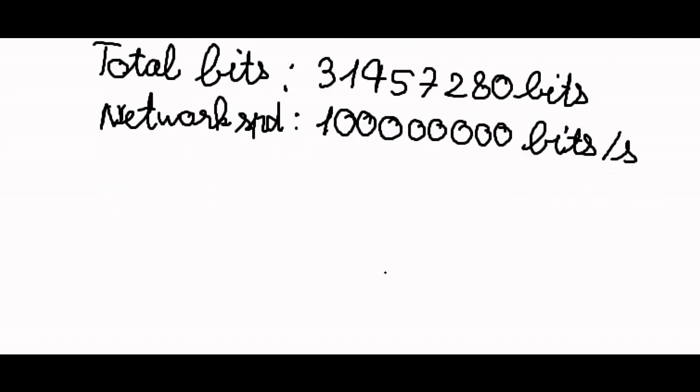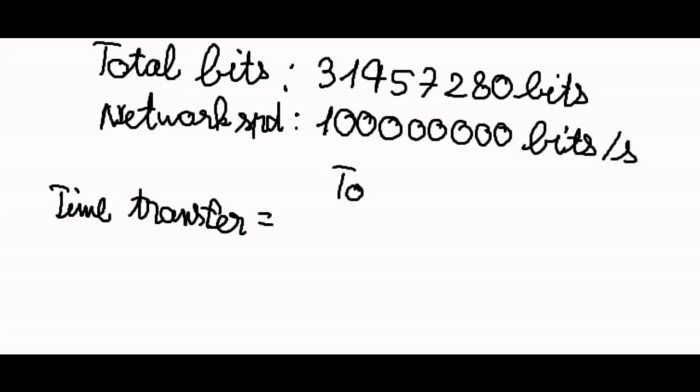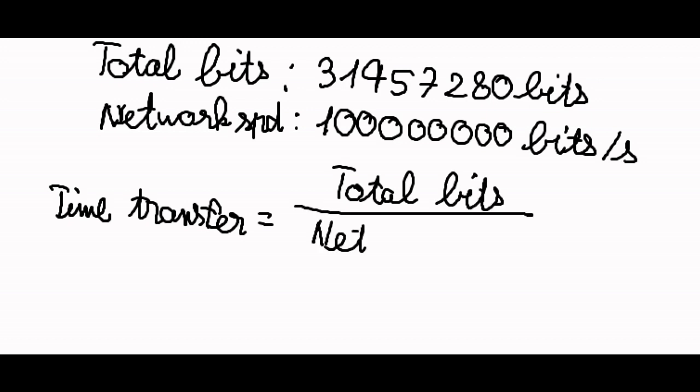Now, to calculate the time to transfer the data, it basically equals how many bits you have over your speed. It's like the equation to calculate velocity, which is distance over time. And so the time to transfer is equal to the total number of bits over the network speed.